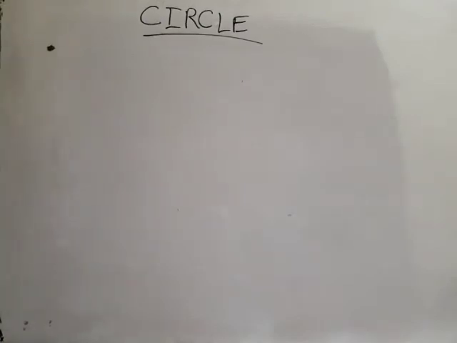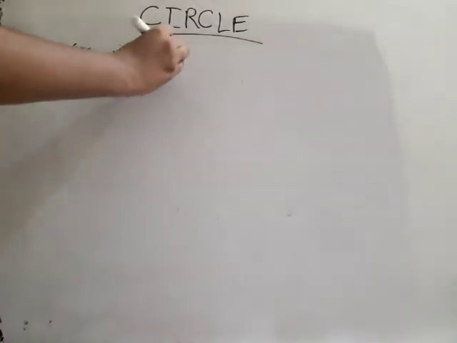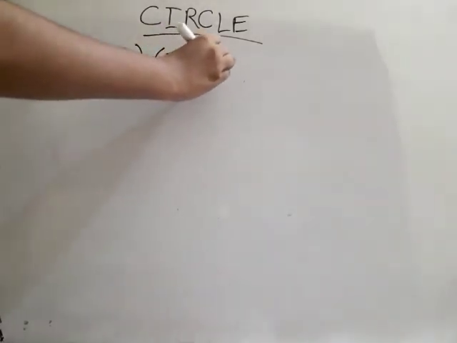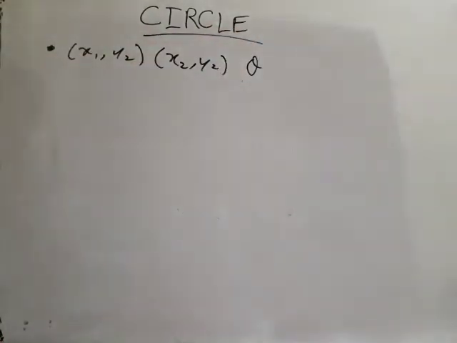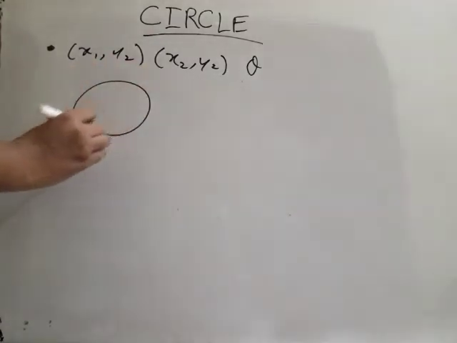Now, equation of circle passing through 2 points x1 comma y1 and x2 comma y2 and subtending an angle theta at the circumference. What is the meaning of it? A circle passes through 2 points.